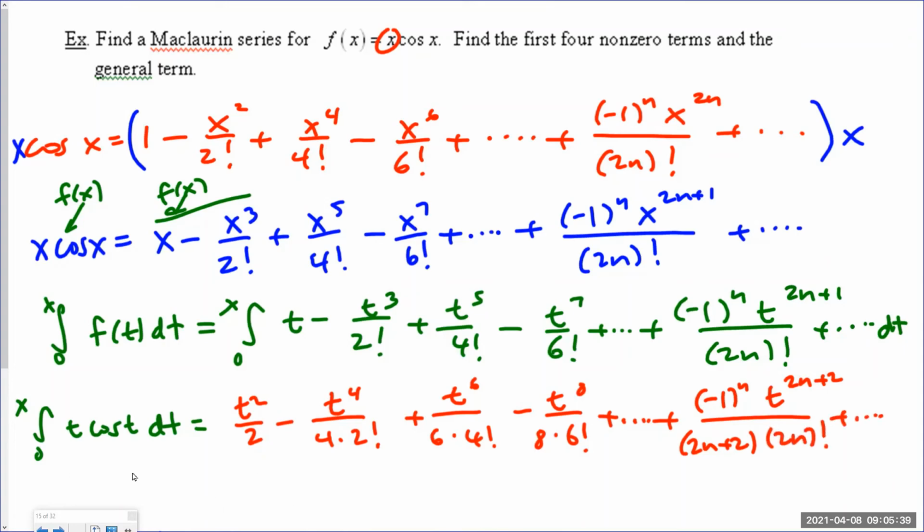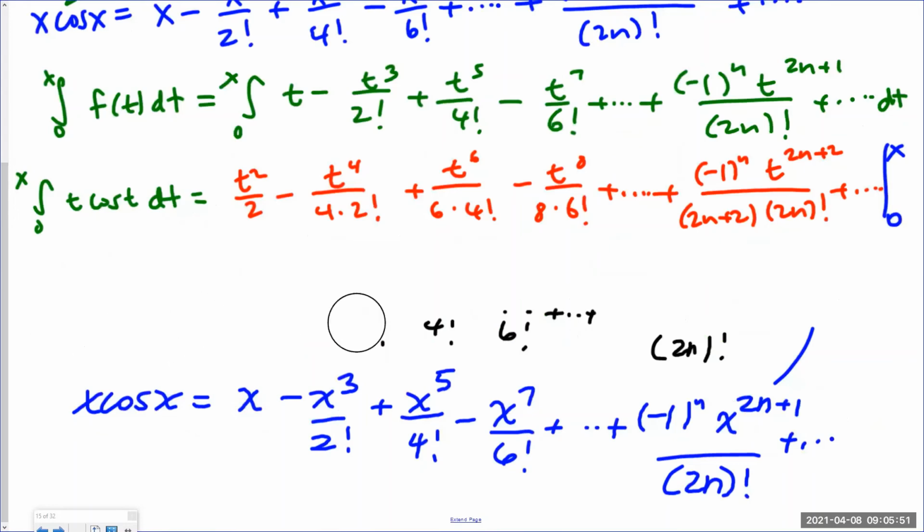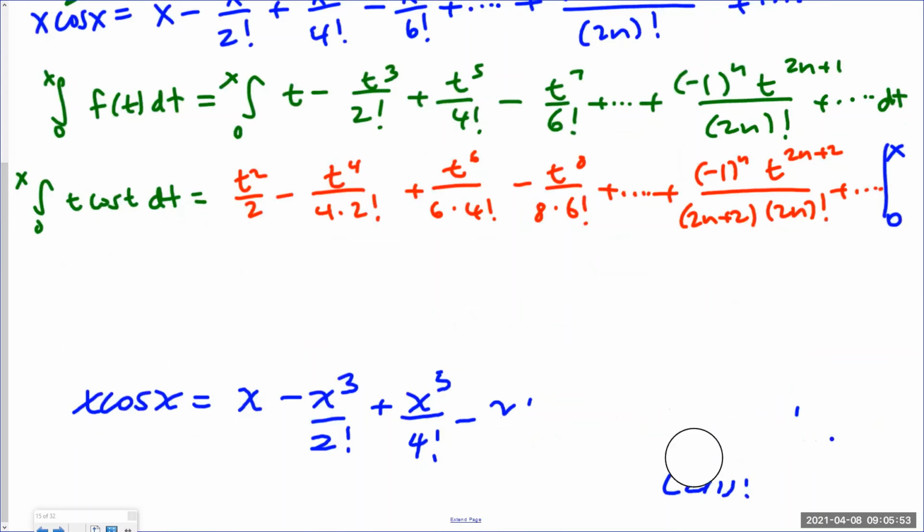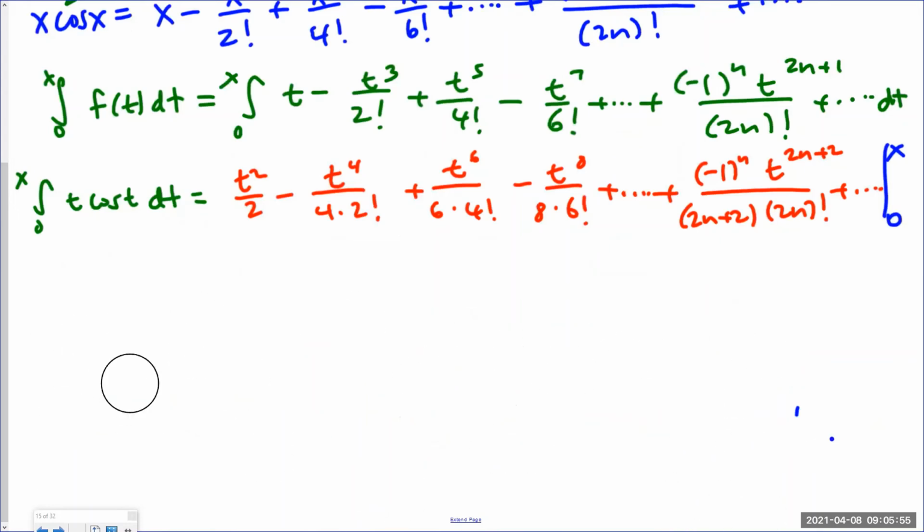Okay, now this is the antiderivative, but do you see I need a bar? Okay, so over here I'm going to put a bar from 0 to x, okay? And then what you do is first you plug in the x, then you plug in the 0, then you put a minus sign in between. So when I plug in the x, everywhere there's a t, I'm going to plug in an x.